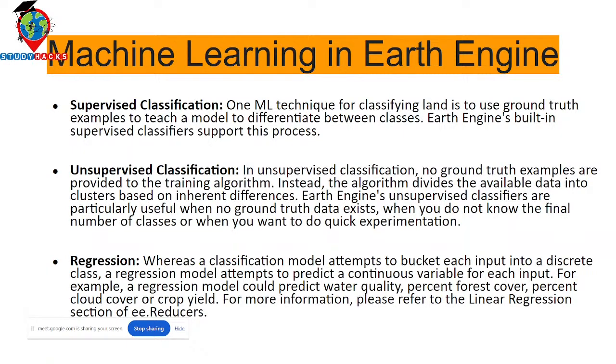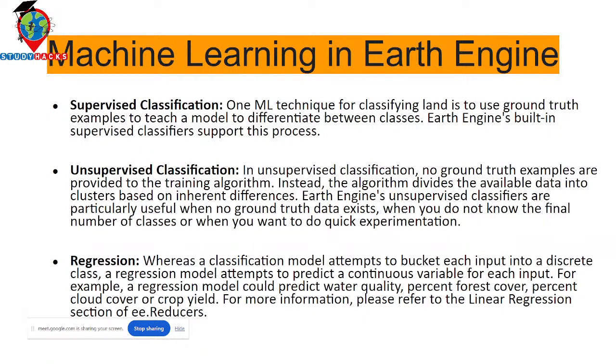These types of classification we can perform in Google Earth Engine for free. But Google Earth Engine also provides some paid models, such as deep learning, CNN models or ANN models. Freely we can use supervised, unsupervised, or regression.